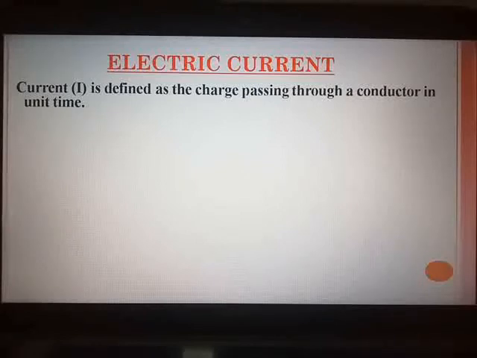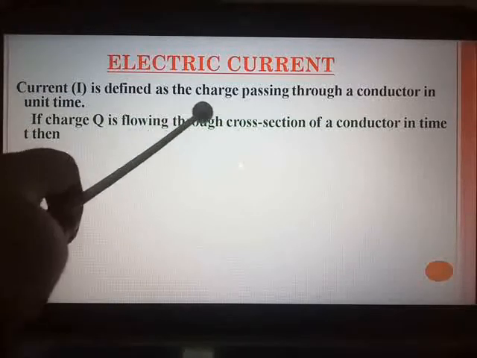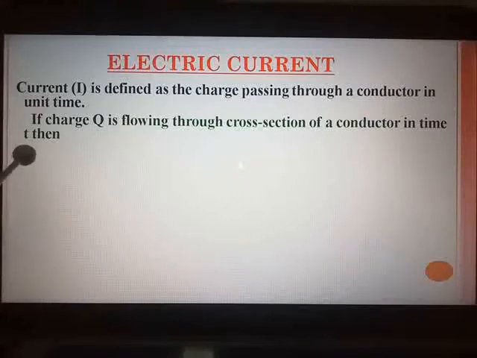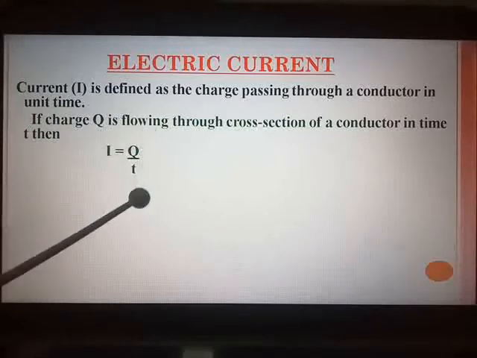So if charge is denoted by Q, and Q charge flows through the cross section of a conductor in time t, then current I is equal to Q upon t. So here you have the definition and the formula for current.